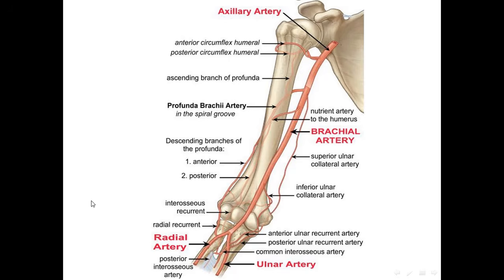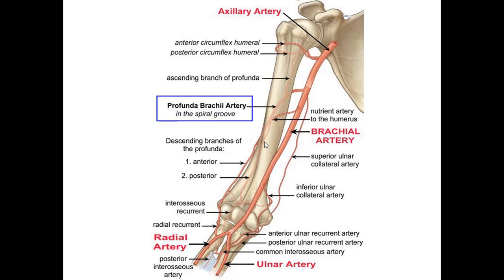Again, this is the brachial artery. The first branch is the profunda brachial artery, which is the largest branch. It runs in the spiral groove with the radial nerve. It gives the ascending branch, which anastomoses with the descending branch of the posterior circumflex humeral. It divides into an anterior branch and a posterior branch.